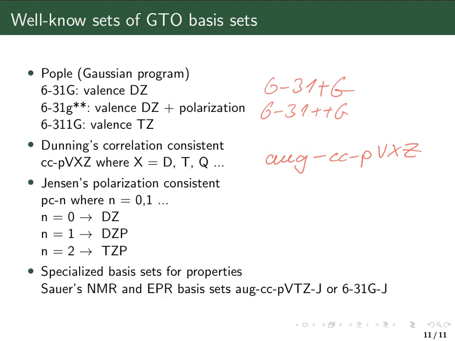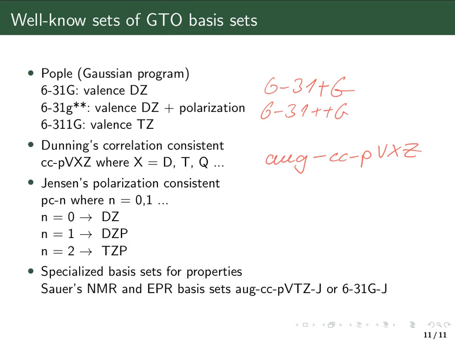And in the triple zeta, for carbon, it would be S, P, D, and F. Whereas in Pople basis sets, those diffuse functions are always only S and P functions. So only for the occupied valence orbitals do you get a diffuse function.